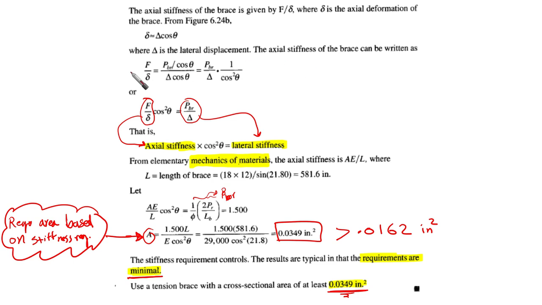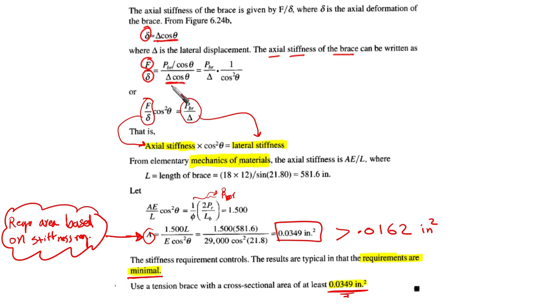In this case, we say that small delta equals capital delta times cosine theta, where delta is the lateral displacement. So the axial stiffness of the brace can be written as F over small delta. This F we know: it is P BR over cosine theta, over delta cosine theta.